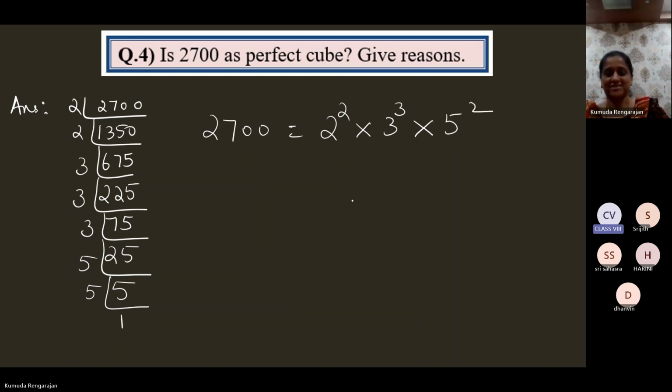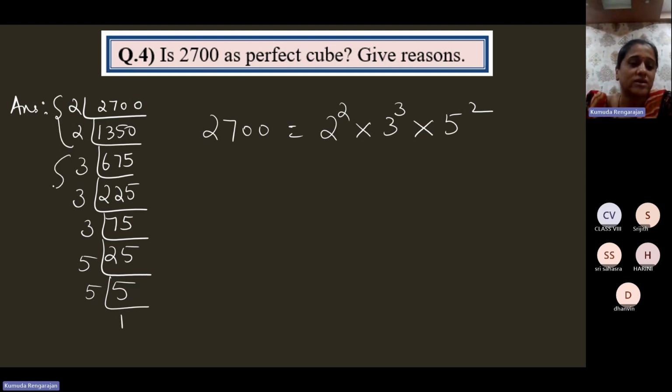Square. You must, because the question is: is it a perfect cube? You should write it in power 3. But if the number is happening only 2 times, you cannot write power 3. Then you have to write 2 only. You should try to write it in power 3. But these two happen only 2 times. So this is 2 squared, 3 cubed, 5 squared.